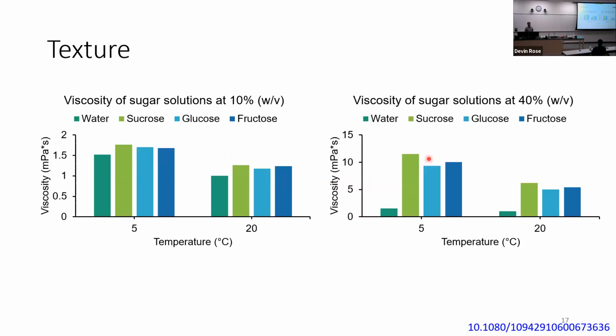And then if you look here, this is 40% sugar. This is like a syrup that you would use for canning peaches or pears or something, a heavy syrup. Quite sweet, but you see that viscosity is now basically 10 times higher than water itself.